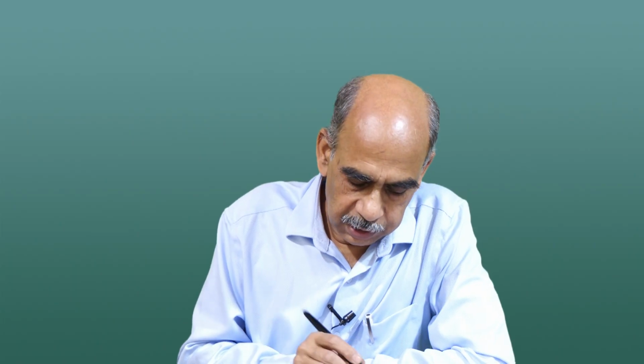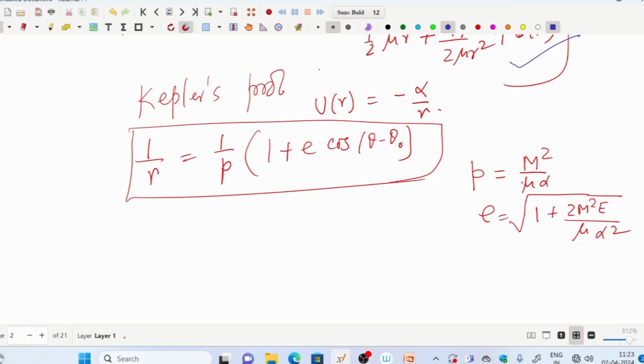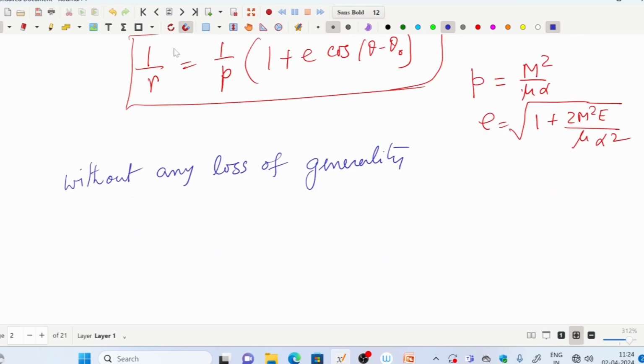And without any loss of generality, by choosing your coordinate system, you can consider theta 0 equal to 0.